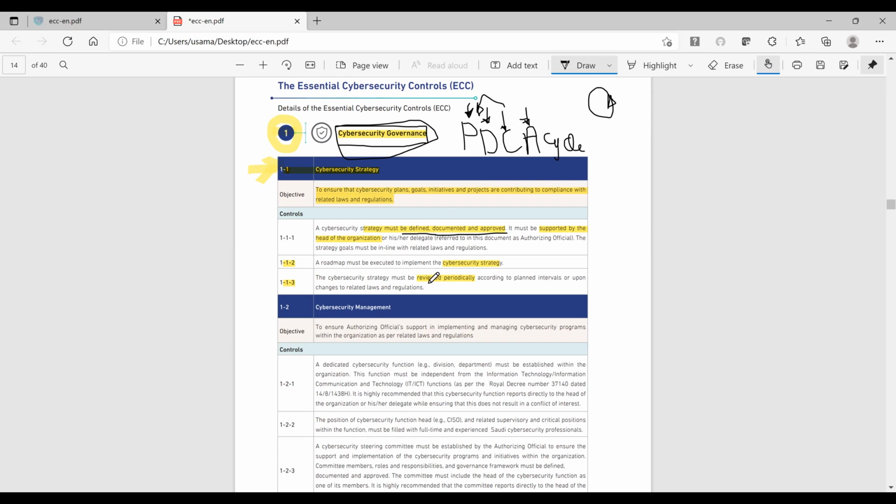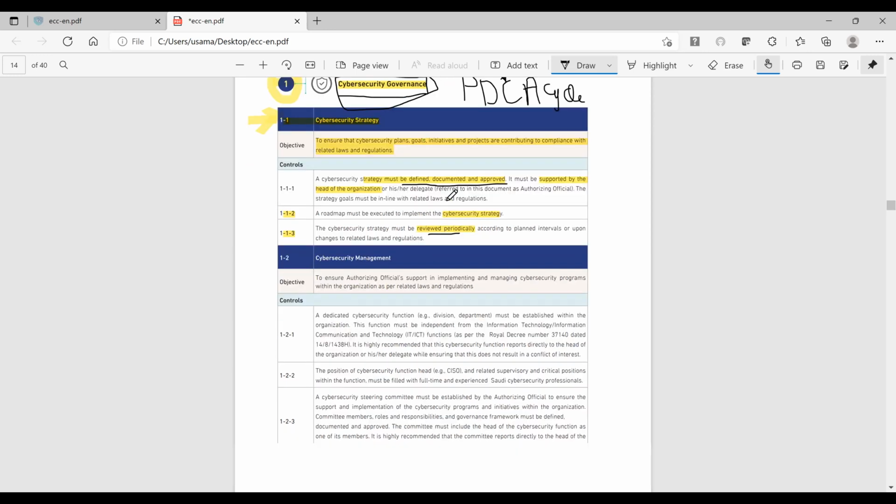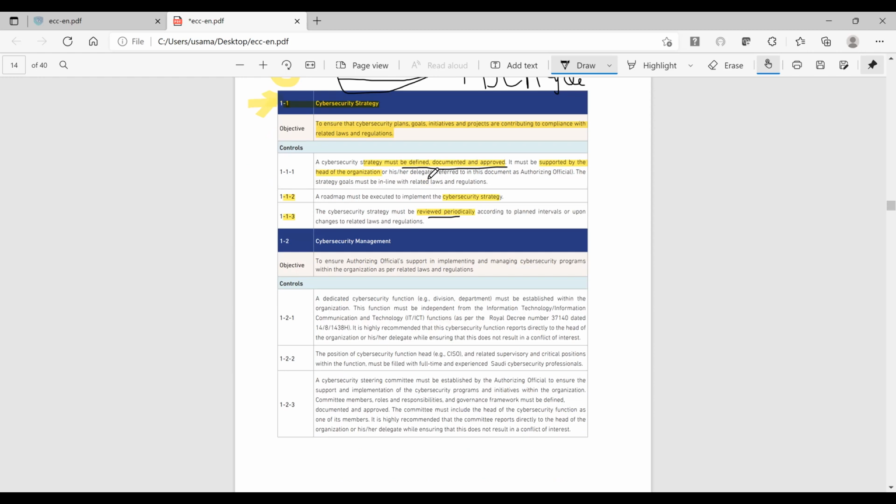This is why we call it review periodically, because we will not be able to say that the policy, once developed, will not be reviewed again. There may be some situations which force you to review it and change the contents.